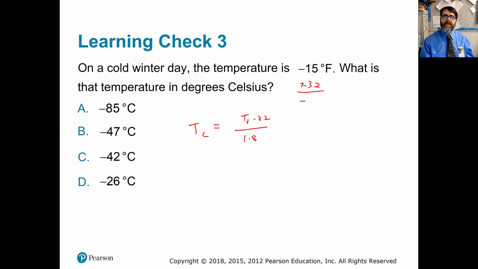And so then that is a negative 47. And then if we take negative 47 and divide it by 1.8, we're going to end up with negative 26 degrees Celsius. This one here, 2 sig figs, significant out to the ones place.